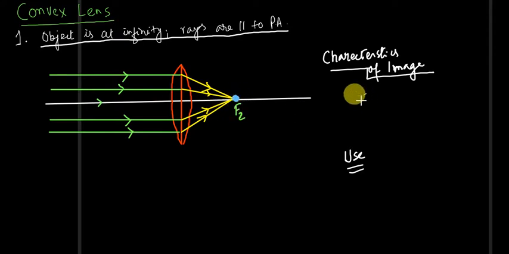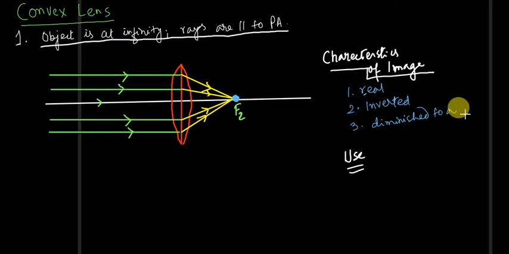Okay, so if we have to write what are the characteristics of the image, you can see the rays are actually meeting to form an image, so obviously it will be a real image. Whether it will be inverted or erect, all real images are inverted, so we can write inverted. Number 3, what will be the size of the image? As I have just written, it will be diminished to a point.